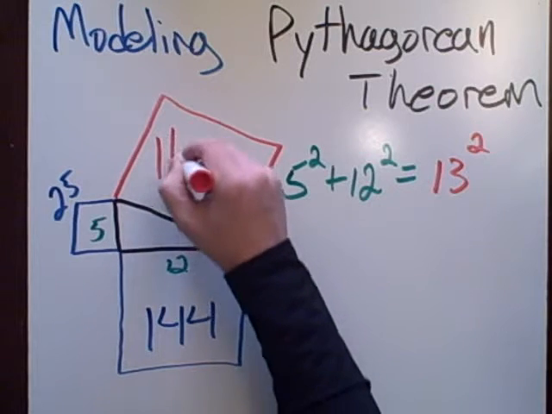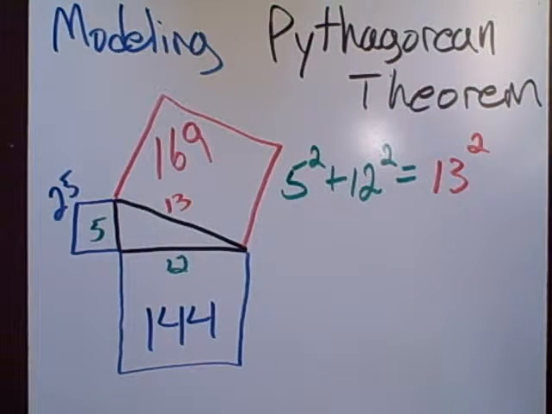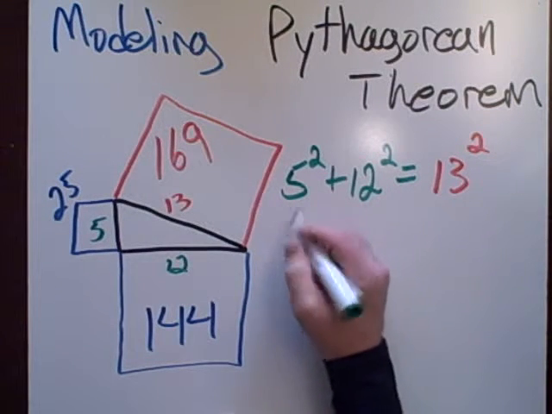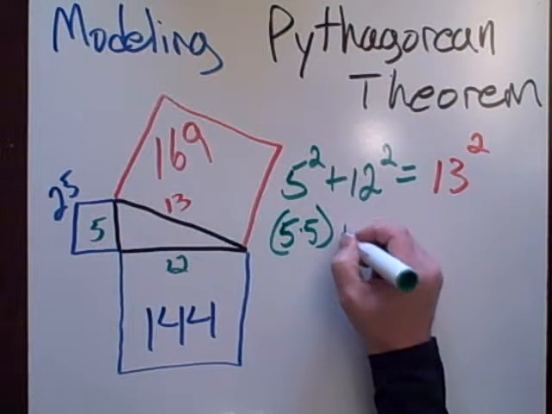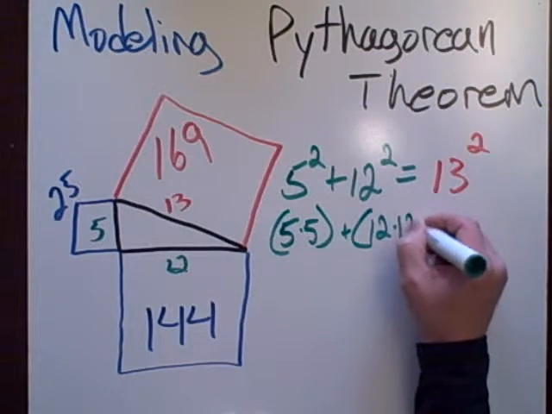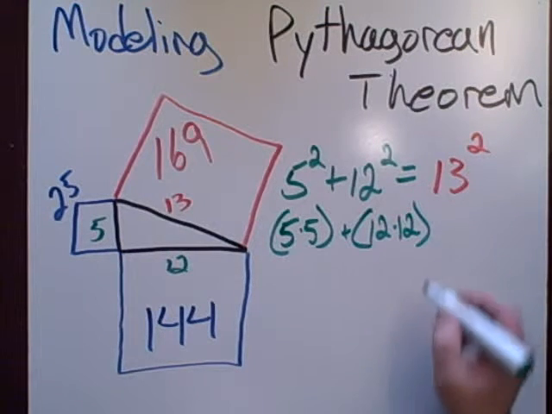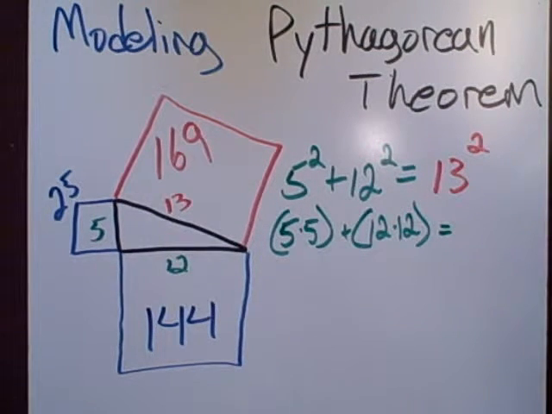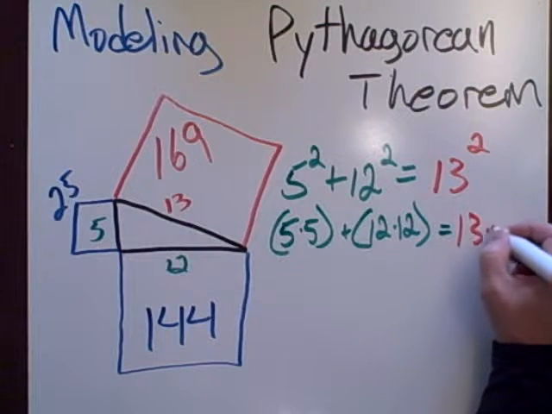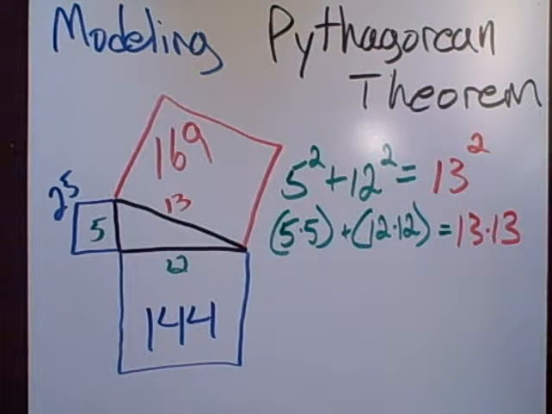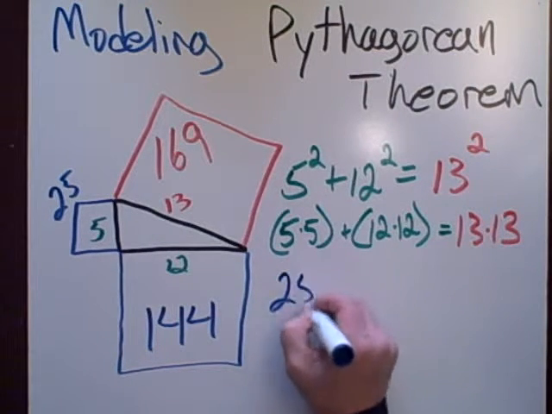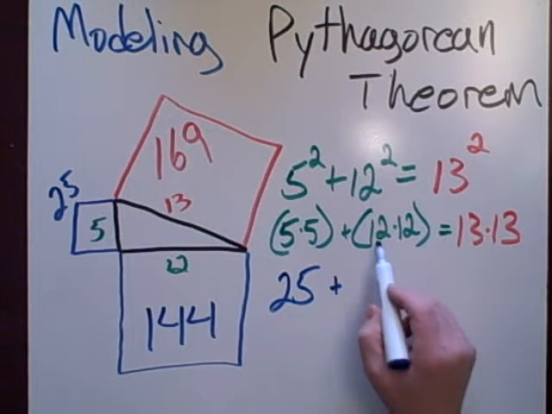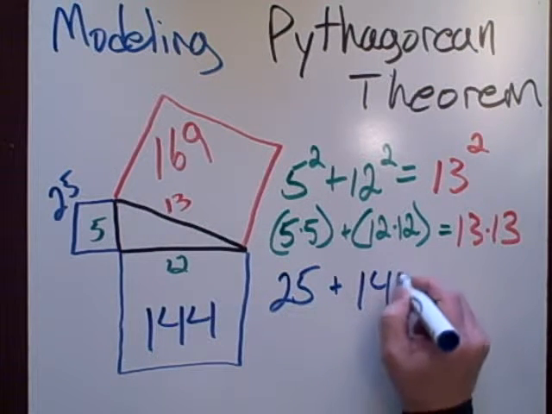is 169. So let's make sure this is true. 5 squared, 5 times 5, plus 12 times 12 should be equal to 13 times 13. 5 times 5, or 5 squared, is 25, plus 12 times 12 is 144.